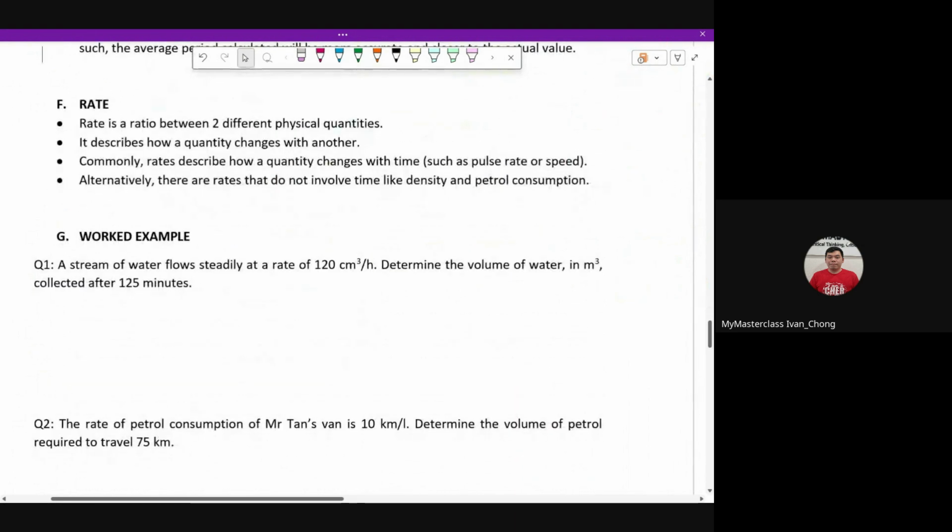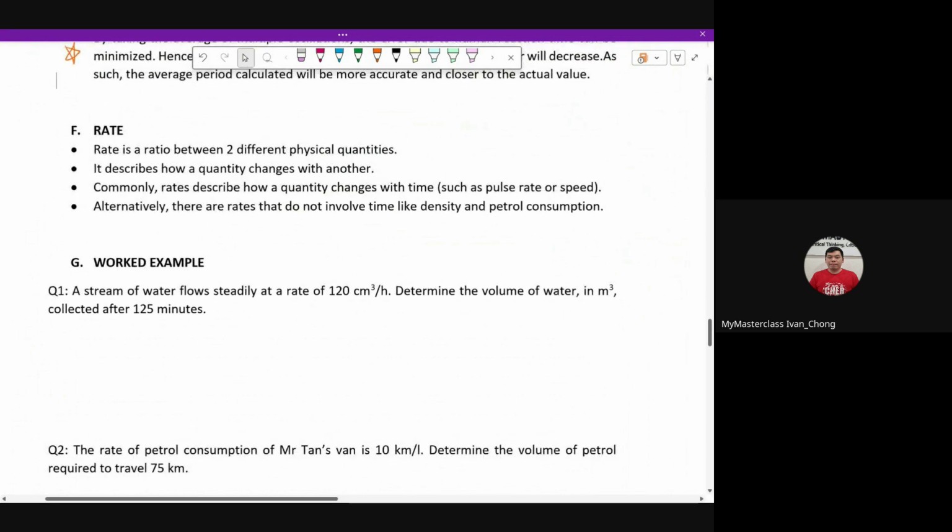Okay. Now, basically, rate. Rate is slightly different from time itself. Rate actually comes from the word ratio. So it is comparing two physical quantities: how does one change as the other changes? So for example, your speed. Speed is distance over time.